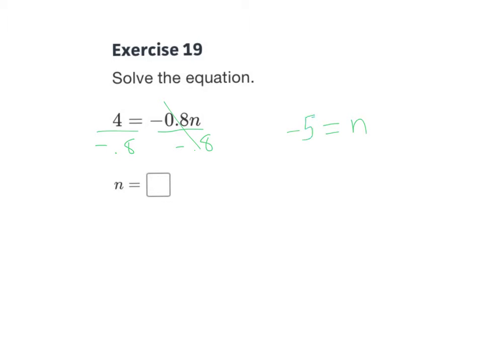So now I can plug it in to check. I would have 4 is equal to negative 0.8 times negative 5. Do that on my calculator. Negative 0.8, excuse me. Negative 0.8 times negative 5 gives me a positive 4. 4 is equal to 4. Checked it. I did that one correctly.